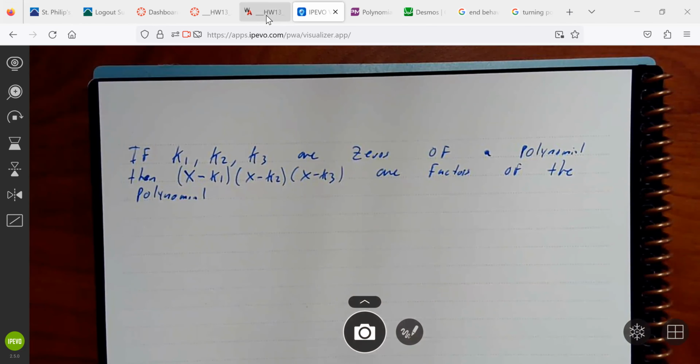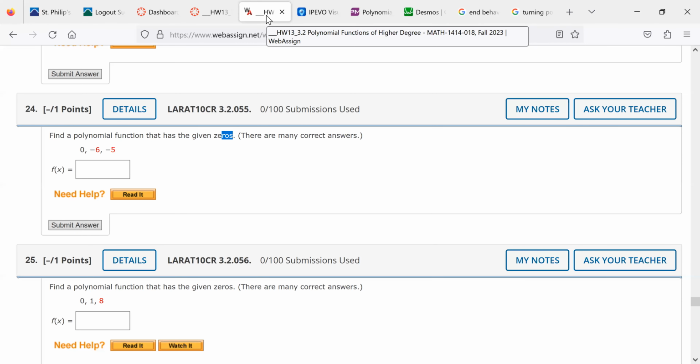So real quick, find the polynomial with the given zeros. Number 24. The given zeros are x equal to 0, -6, -5.